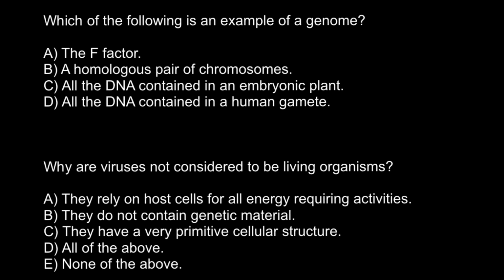Or we can say that, depending on the circumstances, sometimes we can refer to a genome as all the genes, all the chromosomes that can be found in the cell. In the case of a plant, there can be three genomes: a nuclear genome, a chloroplast genome, and a mitochondrial genome.